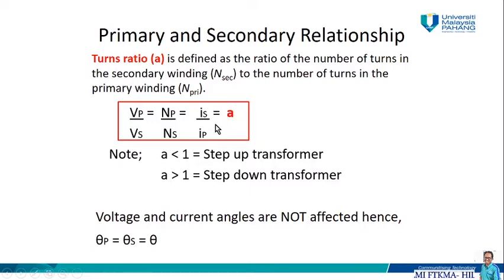This equation can be represented by the turns ratio A, where when A is less than 1, it means that it is a step up transformer, meaning that the secondary voltage is going to be higher than the primary voltage. If A is larger than 1, then it is a step down transformer, meaning the secondary voltage is going to be lower than the primary voltage. Voltage and current angles are not affected, therefore theta P equals theta S equals theta.